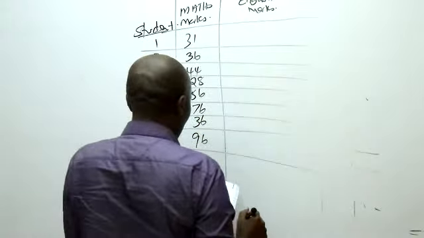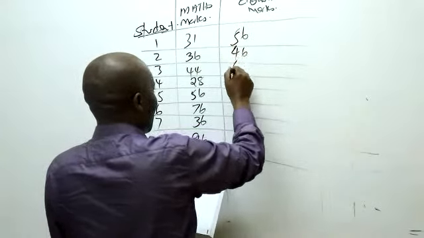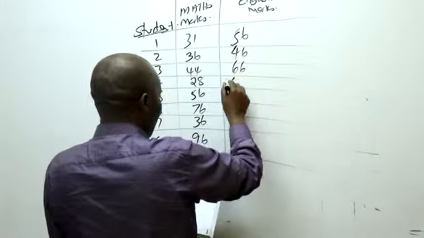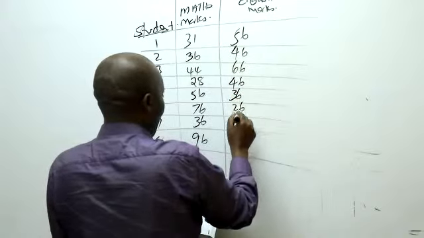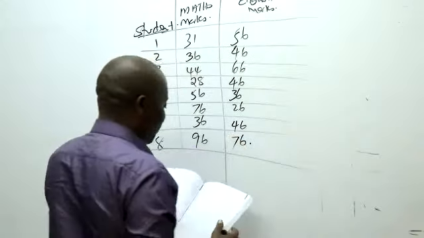We have the English marks: 56, 46, 66, 46, 36, 26, 46, 76, like that.